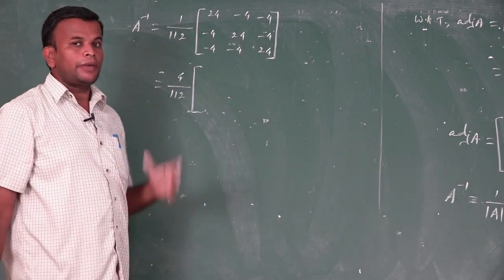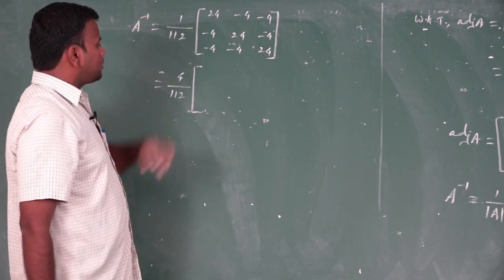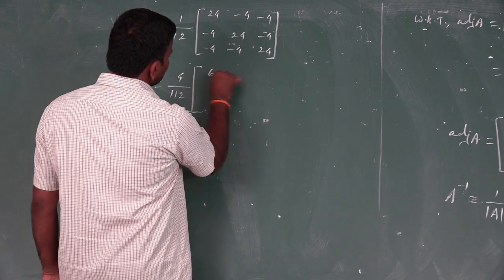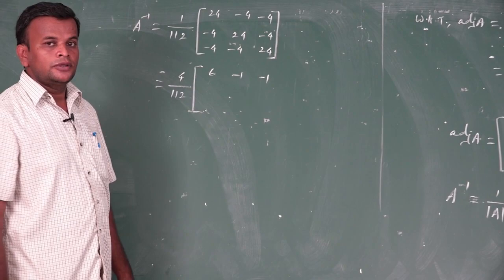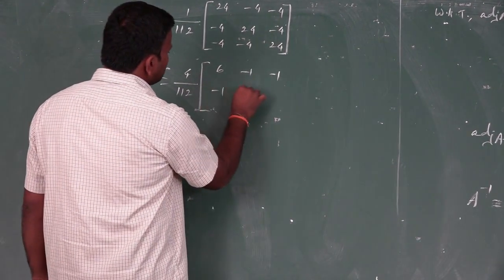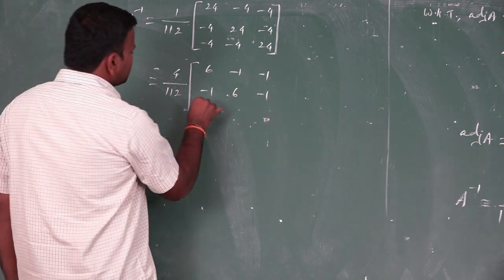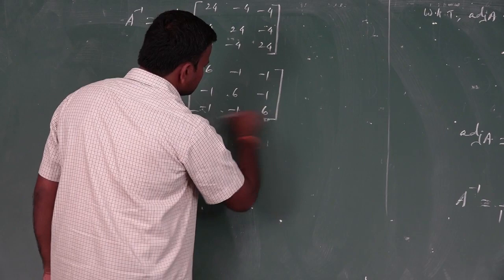You know very well, in a matrix, if any one number is common, we take it outside. So if we take the number 4 outside, then the first row becomes 6, -1, -1 because 4 6s are 24. Second row becomes -1, 6, -1. Third row becomes -1, -1, plus 6.